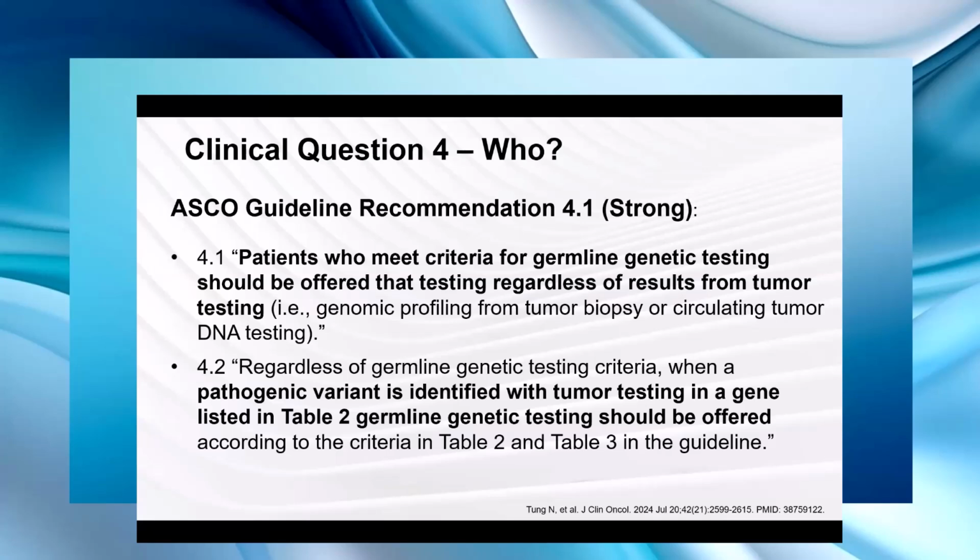Guideline 4.1, again a strong guideline, indicated that patients who meet criteria for germline genetic testing should be offered that testing regardless of the results from tumor testing. And this was based on the evidence from previous publications, which noted about 10% of germline pathogenic variants are actually missed if clinicians are relying upon tumor testing alone.